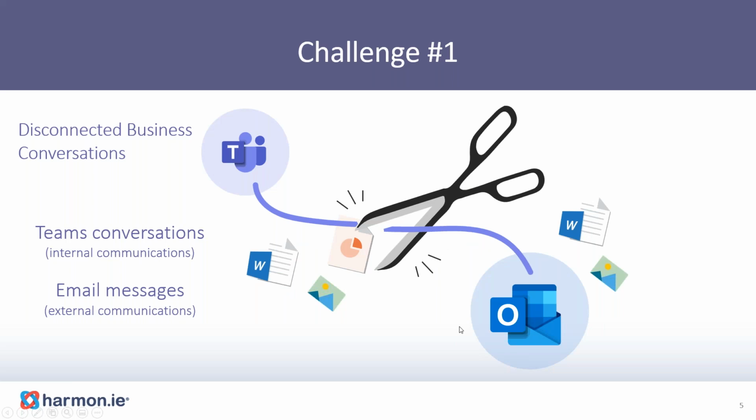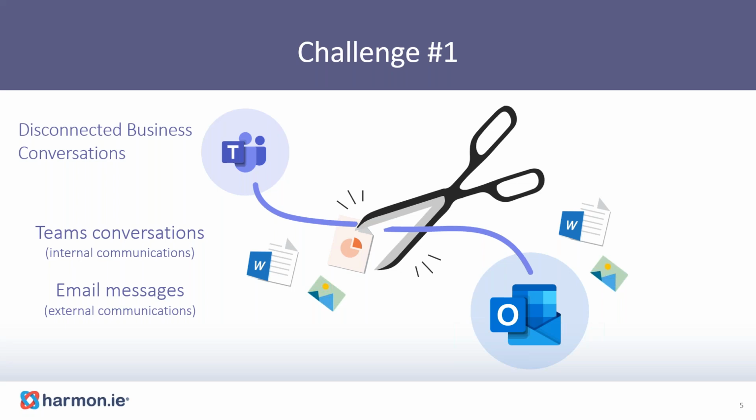And the first challenge that we see is that Teams is great for internal communication primarily, chat and team meetings and things, and so it's a solution that a lot of companies are trying to use to minimize the amount of internal emails being sent and received, rather than email being used as a conversation type solution.